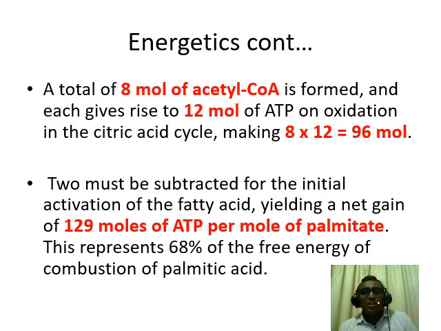So from that 131, you subtract this 2 ATP for the activation of the palmitic acid. What you have is a total of 129 ATPs net. This, once calculated, is only 68% of the energy that you get from the oxidation of palmitic acid. It doesn't give you 100%, and the remainder of 32% is in fact lost as heat.